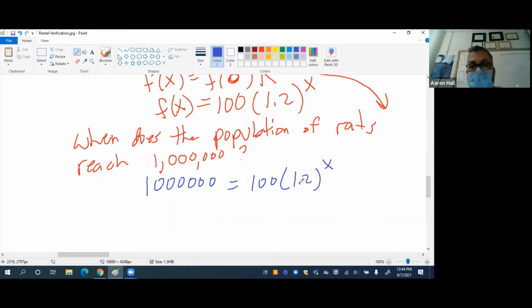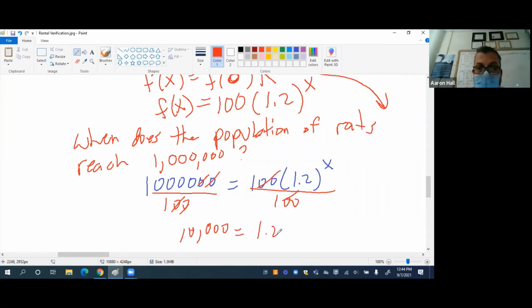How do I solve for x? First, we divide by 100 on both sides. Whenever we divide by zeros, it's super easy because you just eliminate zeros, right? So that gives me 10,000. You know about that, right? Only with zeros. And then that goes away and I'm left with 1.2 to the power of x.